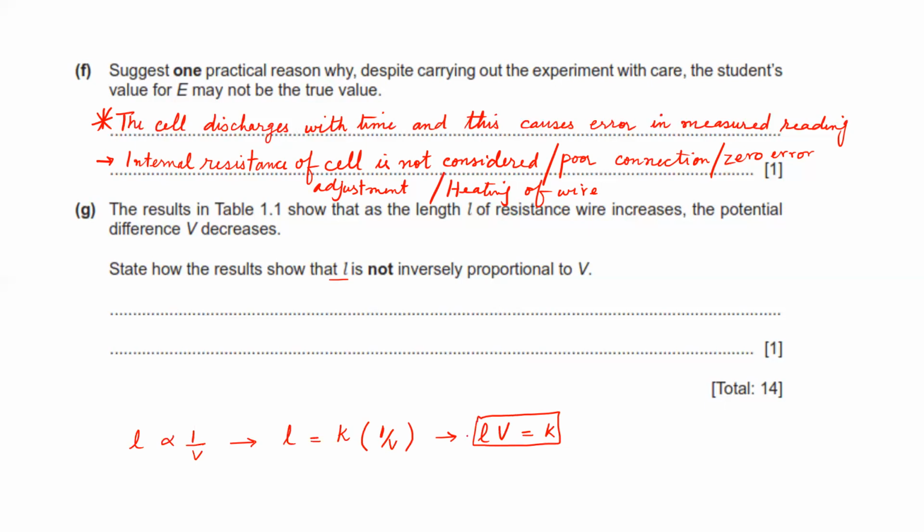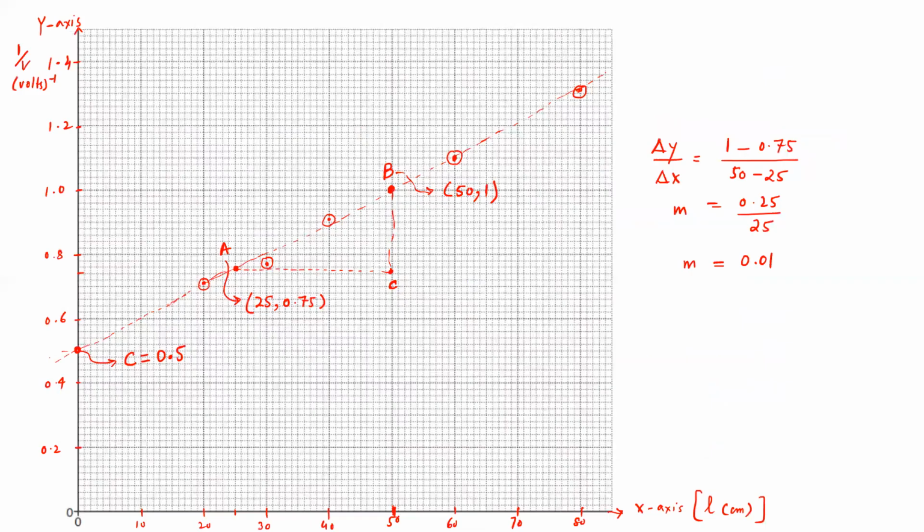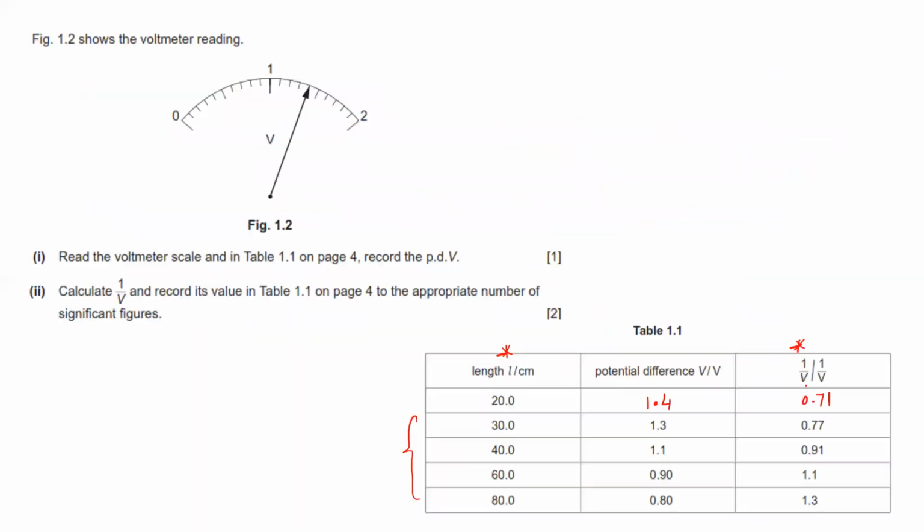But when we look at the product LV over here, the best way to see this is to multiply these values together. We just keep on multiplying these values. First case, 20 multiplied by 0.71 comes out to be 14.2.